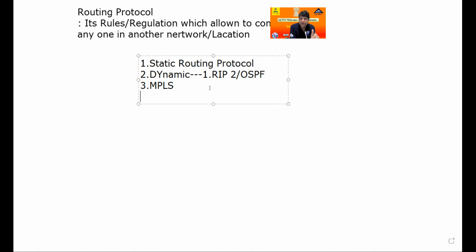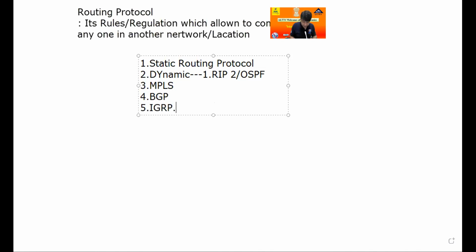So these rules and regulations depend on the condition, on which types of communication we are going for. Another most popular rule is BGP, Border Gateway Protocol, and IGRP.